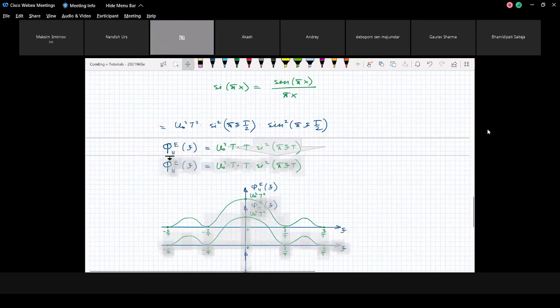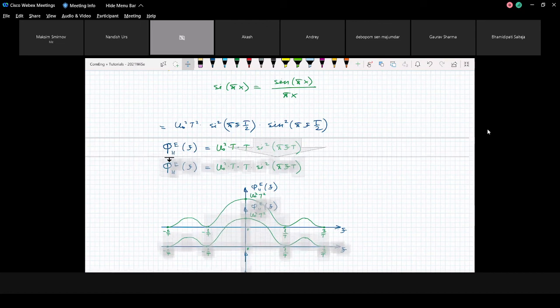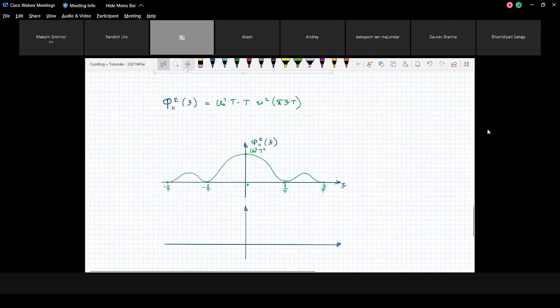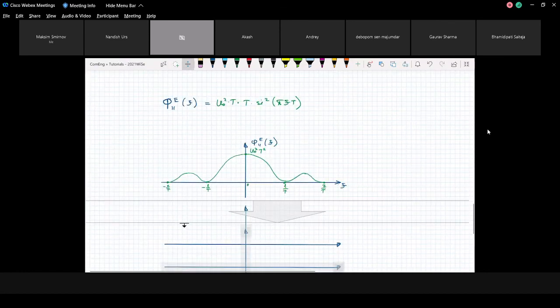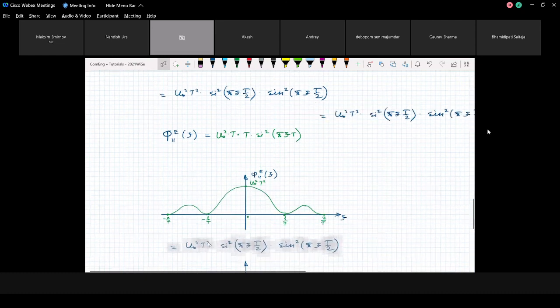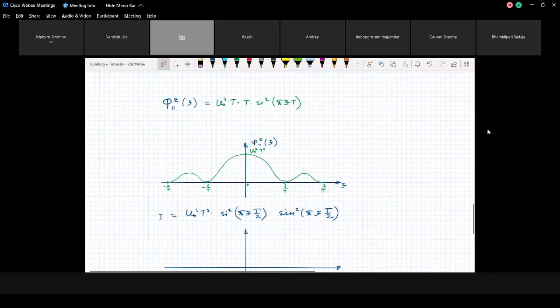The first function was not difficult. The second function is more interesting. It's our spectral density 2f.